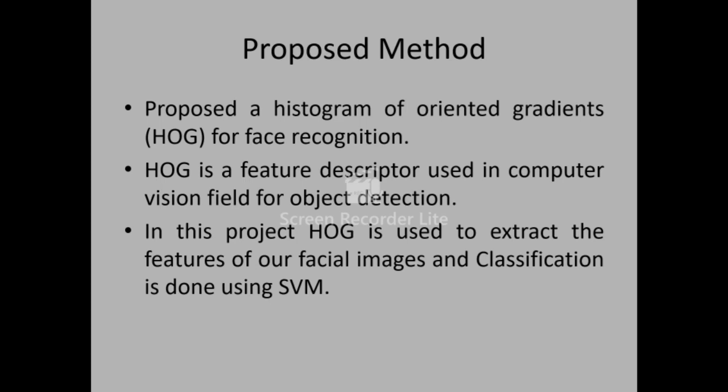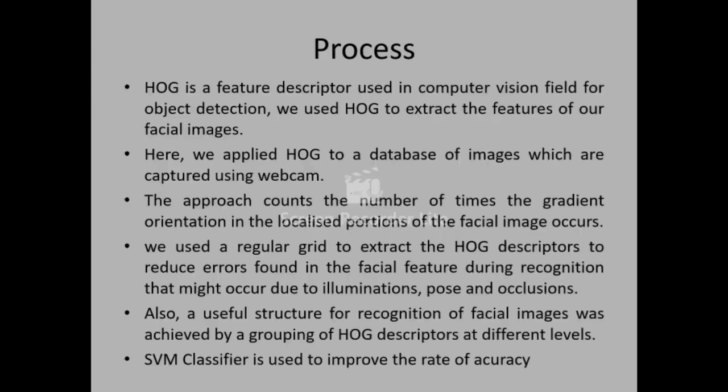We use regular grids to extract the HOG features and also to reduce the errors found in the facial features during the capture. Here SVM is used to reduce the errors and improve the accuracy of the captured data.